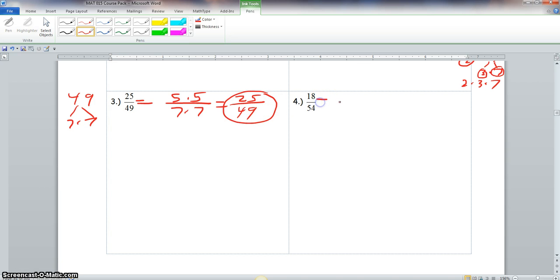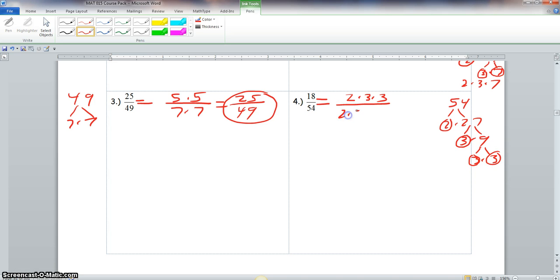Now we go here. We've done the prime factorization of 18. We know the prime factorization of 18 is 2 times 3 times 3. So now we're going to do the prime factorization of 54. Now we can have 2 times 27. 2 is prime. 27 breaks down to 3 times 9. 3 is prime. And 9 breaks down to 3 times 3.